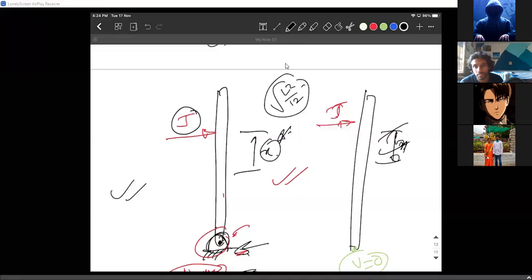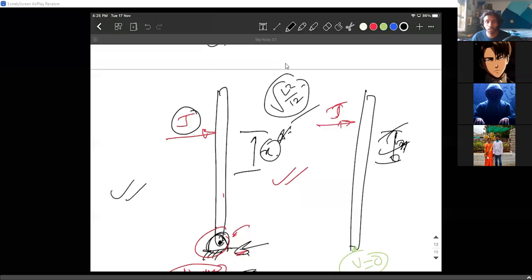You will definitely get the value as root over L square by 12. Again, the radius of gyration. That is the importance of radius of gyration. We will come back to this point for sure, but for now, let's just remember this point and let it be.